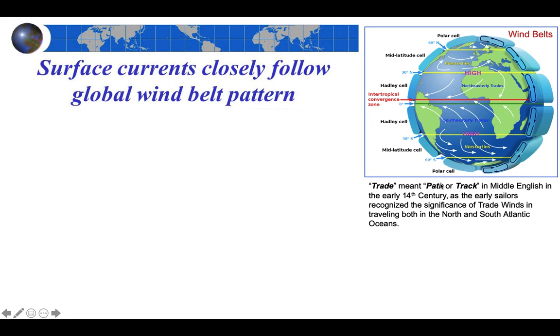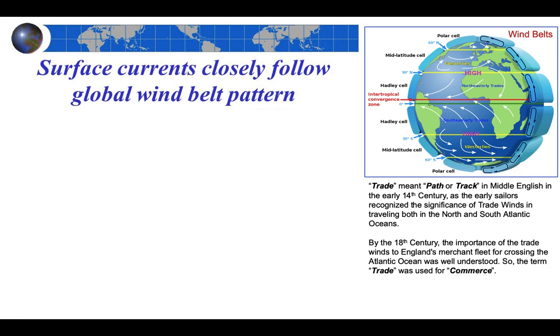And by the 18th century, the importance of the trade winds was particularly well understood, and particularly the British Empire took advantage of these trade wind systems, and England's merchant fleet used the trade winds very effectively crossing the Atlantic Ocean, and also colonizing different parts of the world by taking advantage of these wind systems.